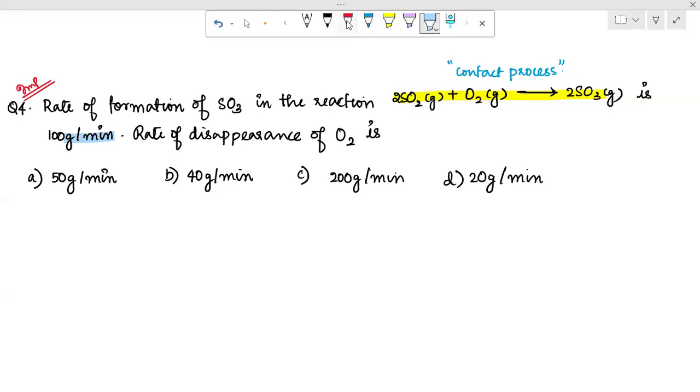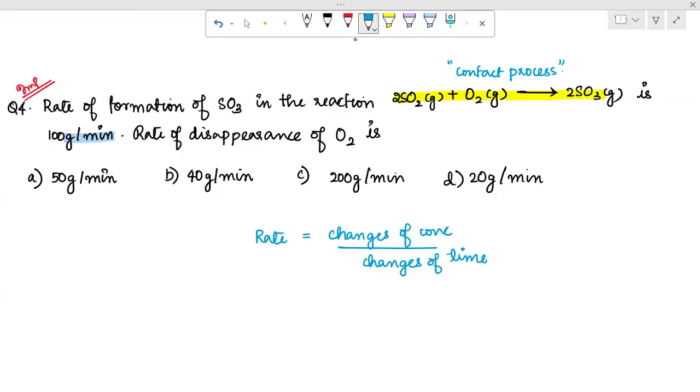We said in yesterday's class that the expression of rate, whether it is rate of disappearance, rate of appearance, or rate of the reaction, whatever it is, rate is changes of concentration of whatever species with changes of time. Correct?